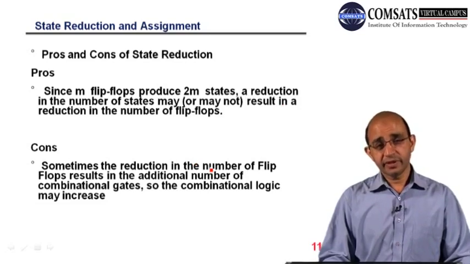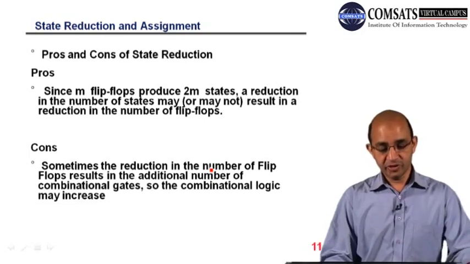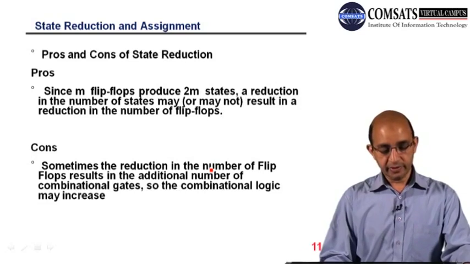The disadvantage is that sometimes when we want to reduce the number of flip-flops, it may raise the number of combinational gates. Or sometimes you reduce the number of flip-flops and your number of combinational gates doesn't change. So this is not the case for all scenarios.